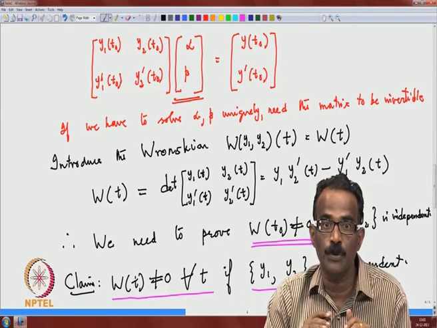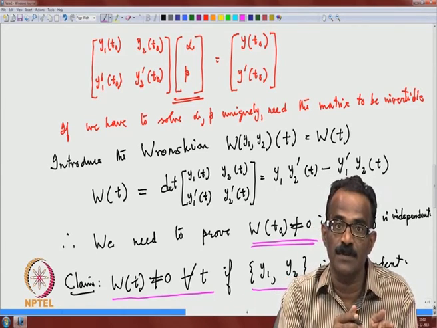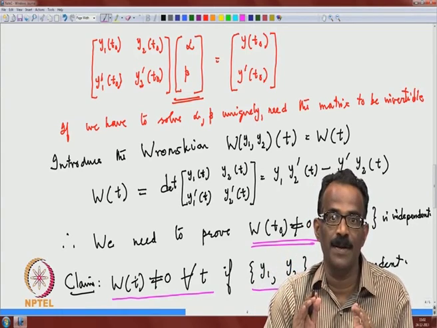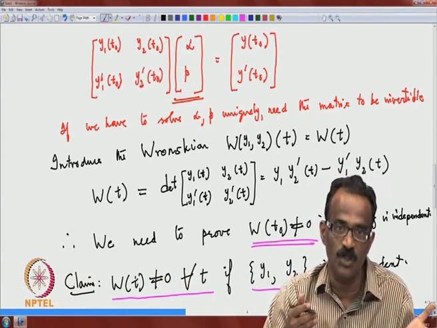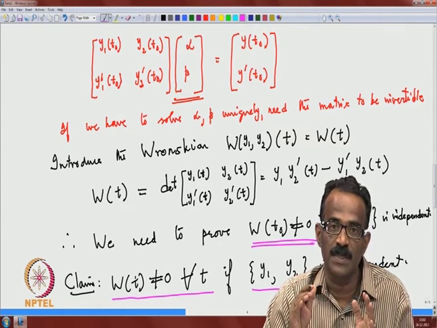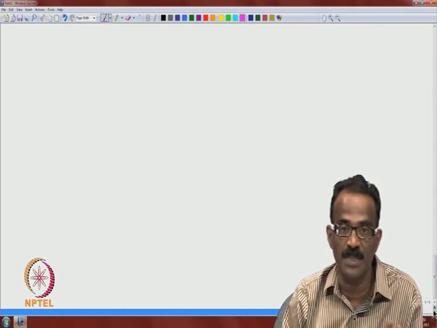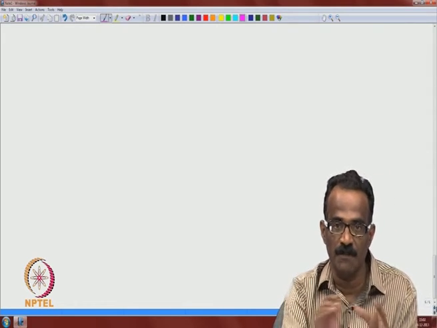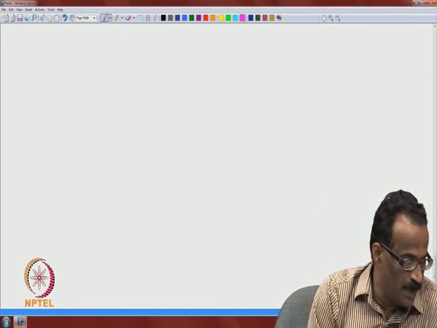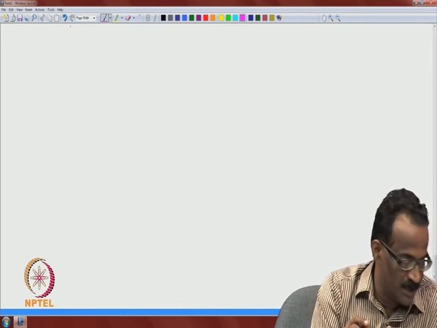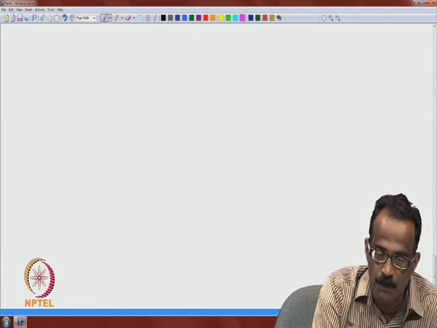Now, what we have to show is that W is identically 0 only if y1, y2 is dependent, and W is never 0 if y1, y2 is independent. So, that is the next claim to be proved. That proves your theorem as well as the proposition. Everything is complete the moment we prove this proposition. So, the first proposition is proved if we prove this proposition.